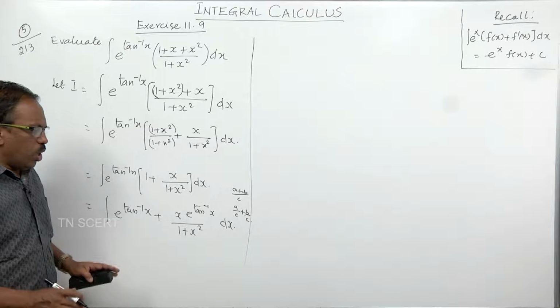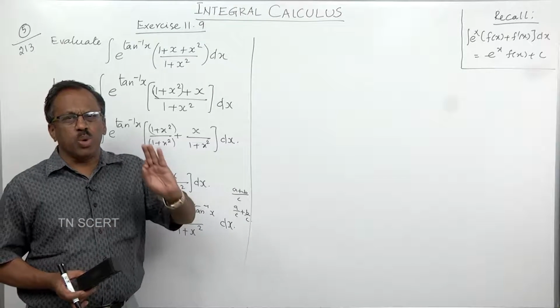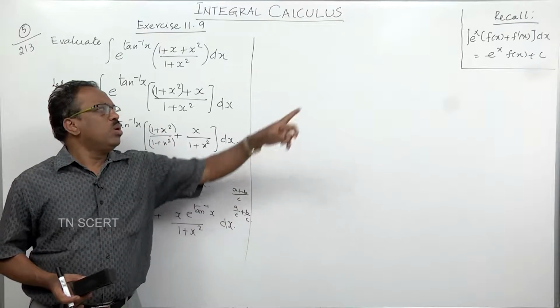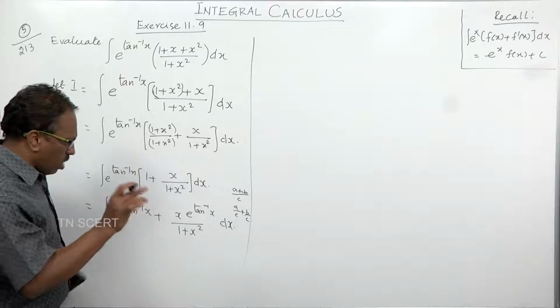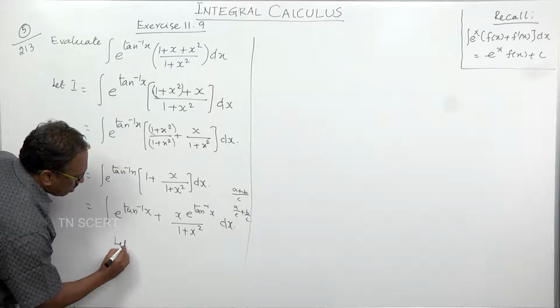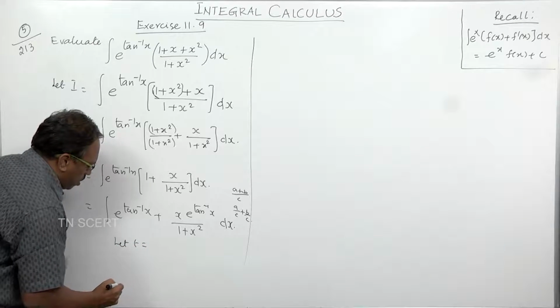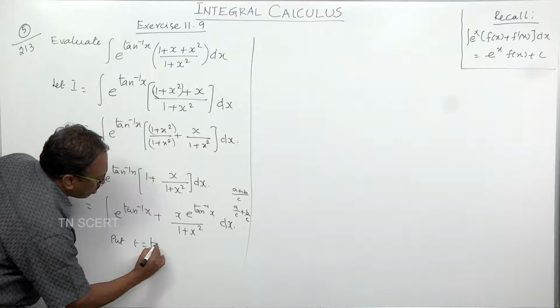We are going to adopt the substitution method now. Then only will this problem be easy for you to apply this formula, otherwise it is very difficult. Let us put t equal to tan inverse x.